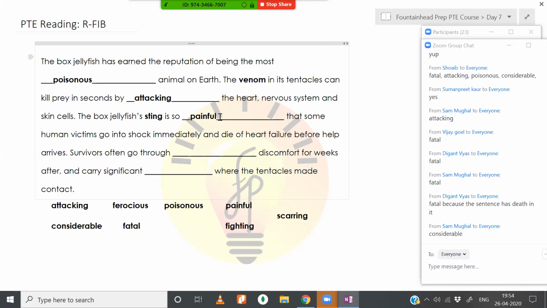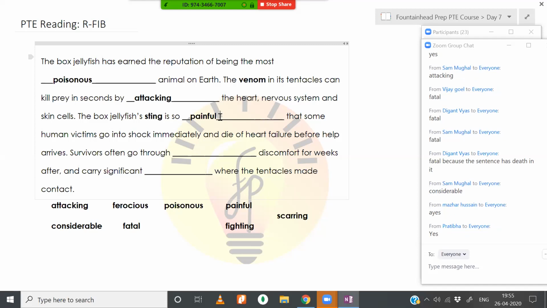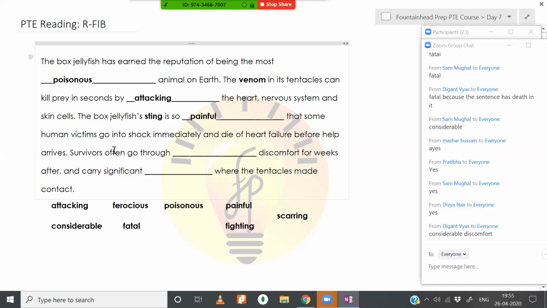This is clear to all of you. Nice. Okay. And die of heart failure before help arrives. Survivors often go through considerable discomfort.